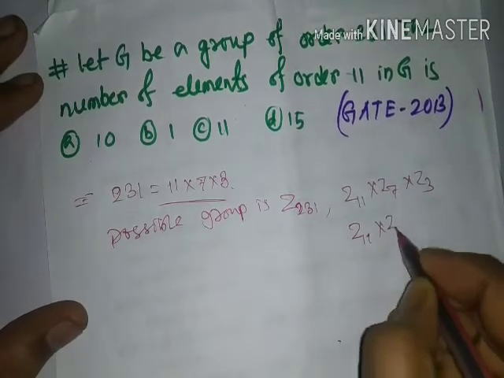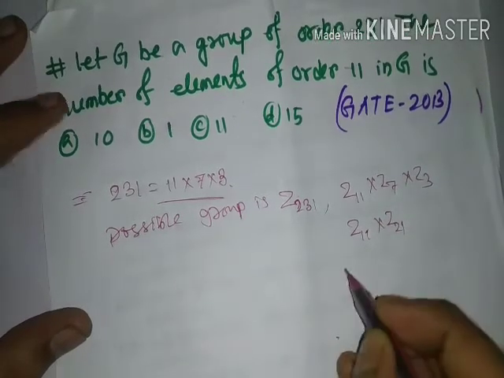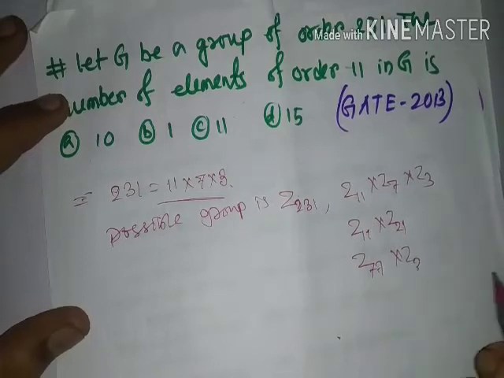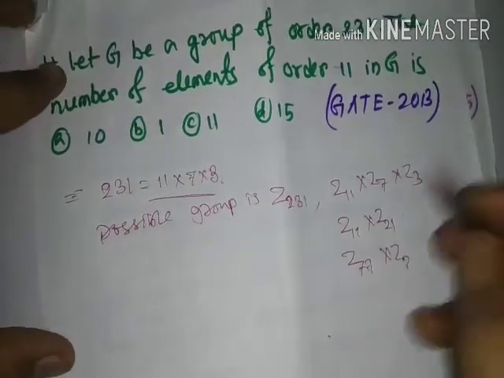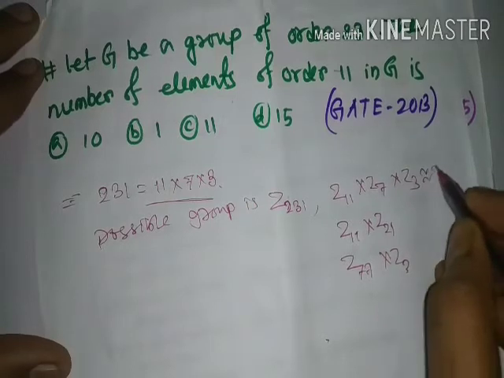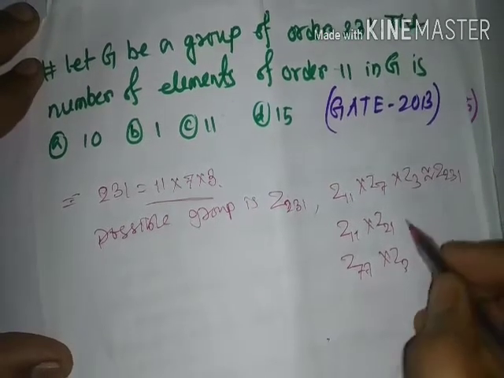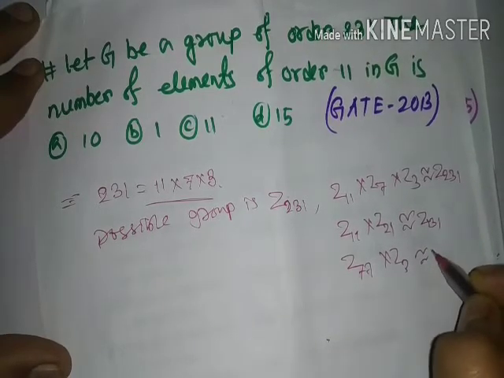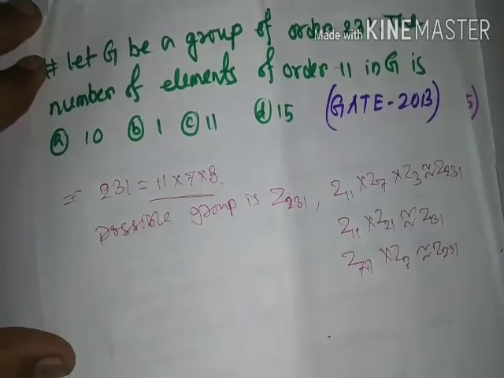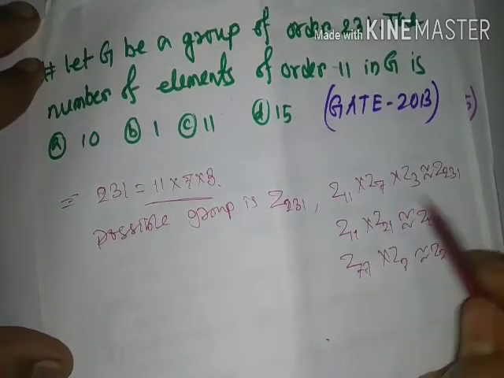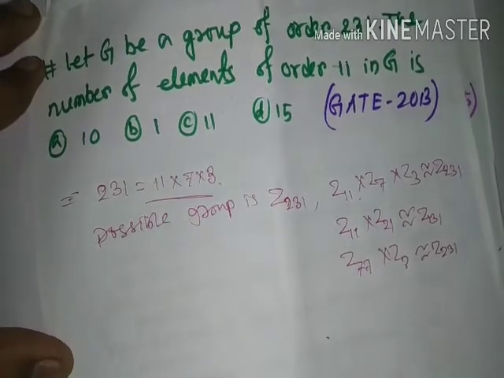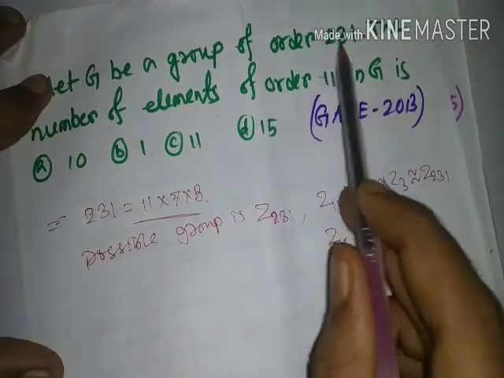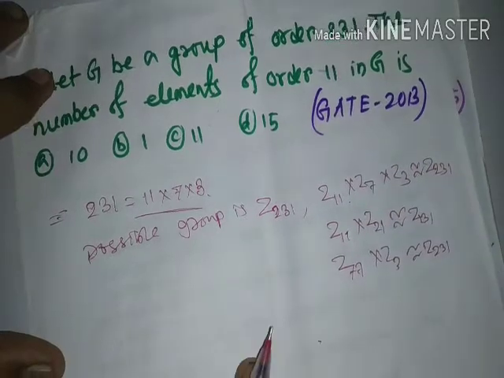Actually this group is isomorphic to Z231. Why? By the Chinese remainder theorem they are isomorphic to this. So the group of order 231 is cyclic.